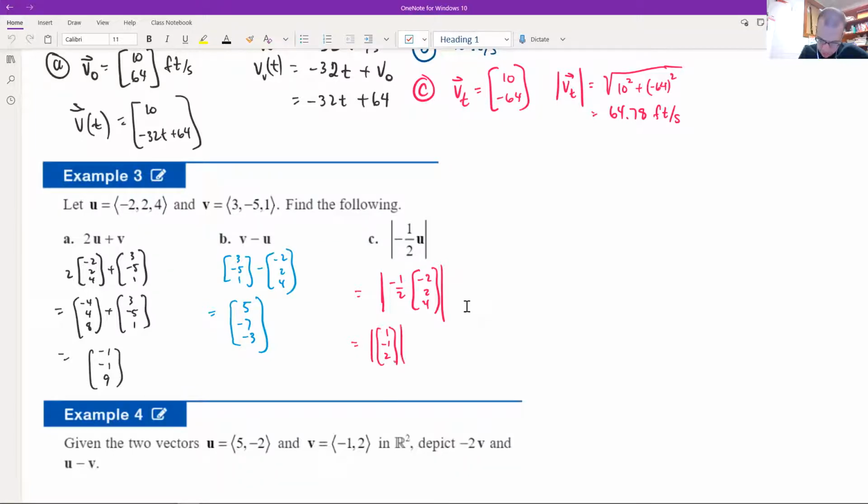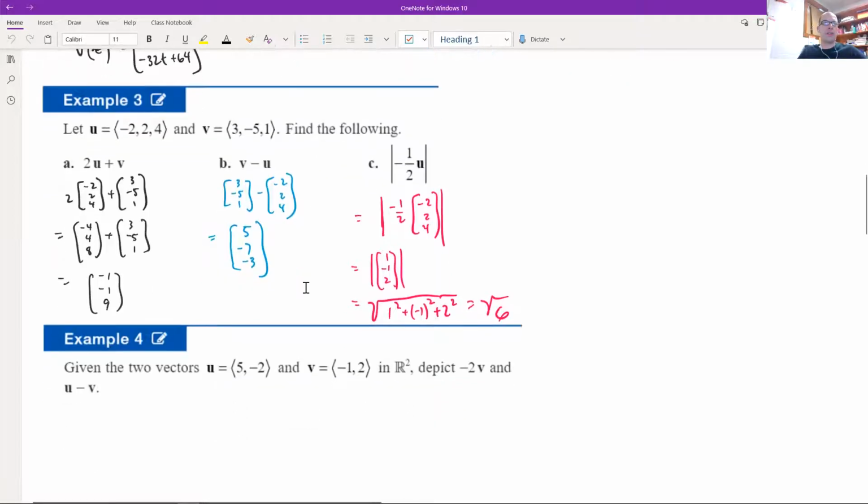And we still want to find the magnitude of this. So we're going to do the square root of 1 squared plus -1 squared plus 2 squared. And that's 1 plus 1 is 2, and then square root of 6 total. Okay. Great.